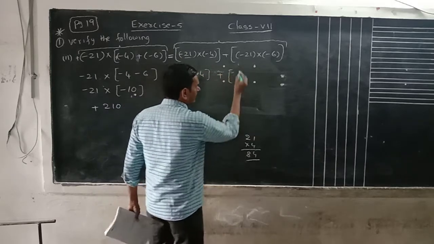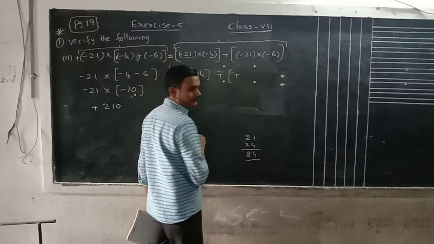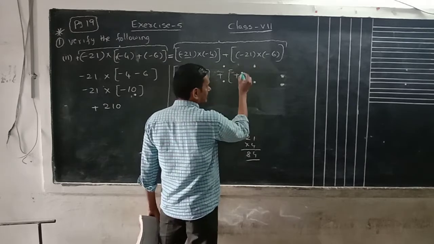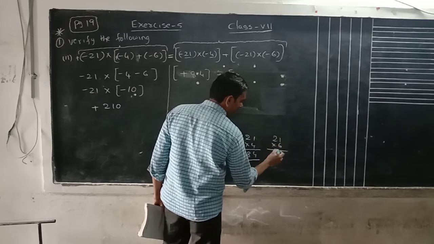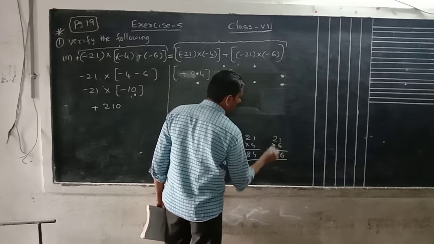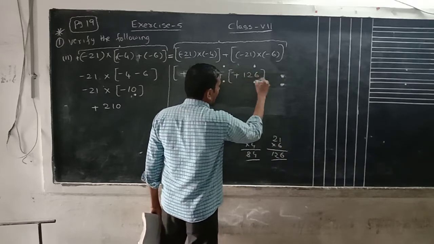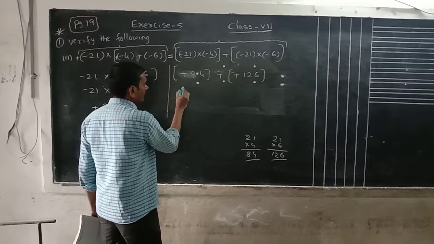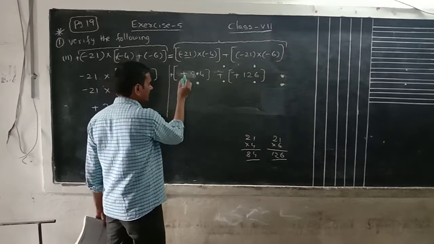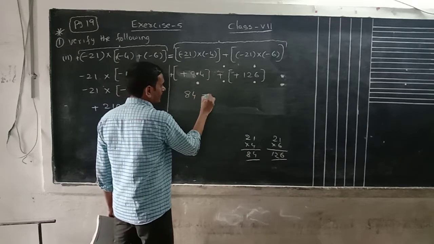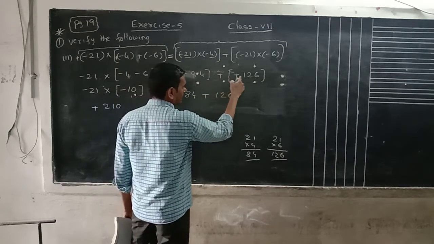Now multiply. Minus into minus is plus. 21 6s are 126. 6 1s are 6, 6 2s are 12, 126. Now remove the brackets. Plus 84 is here. No sign there means that stays as plus. Plus 84 plus 126.